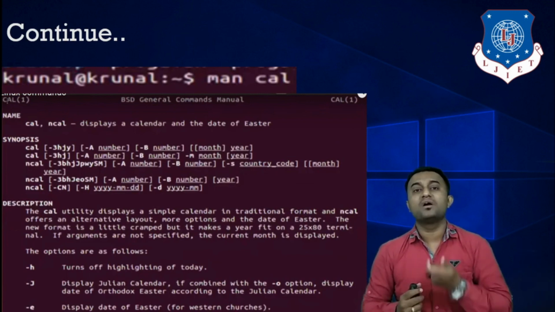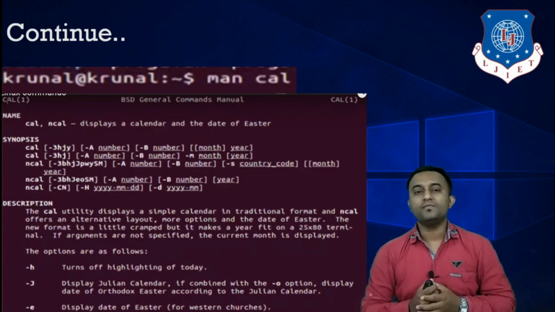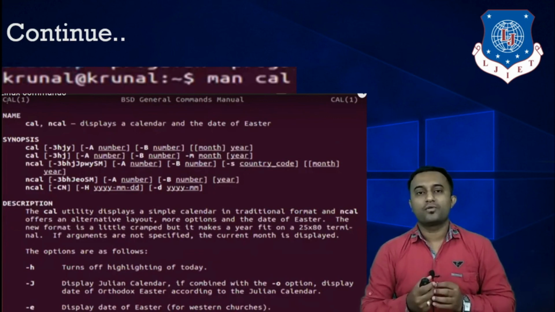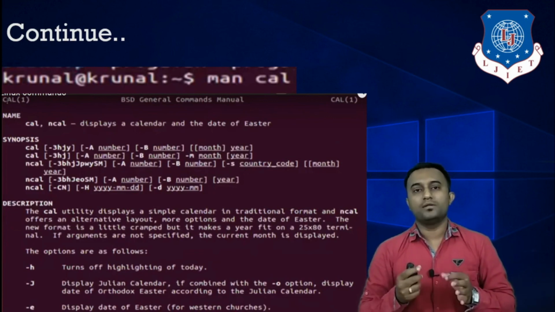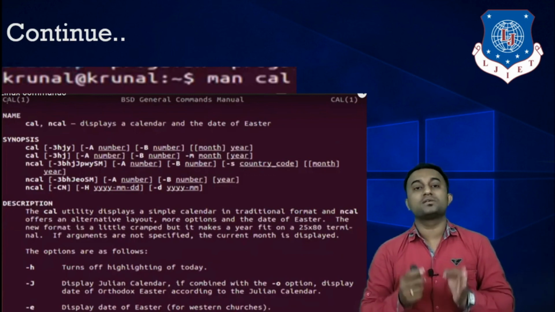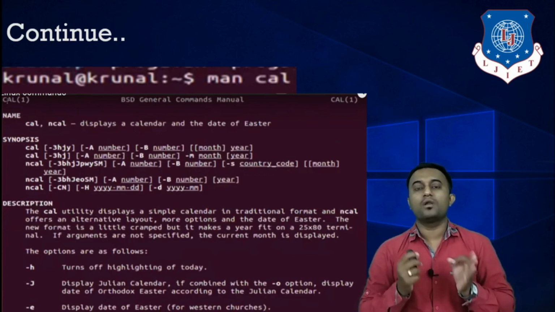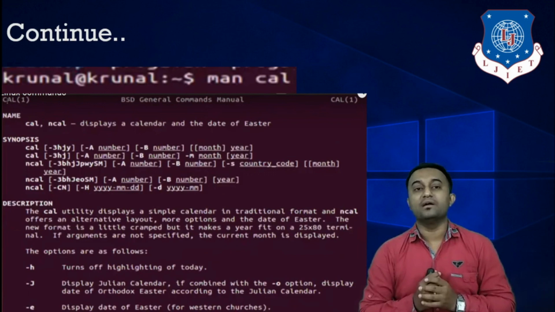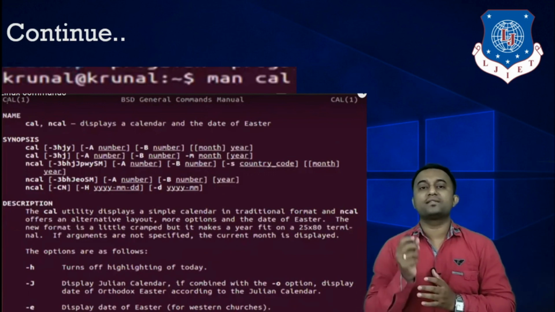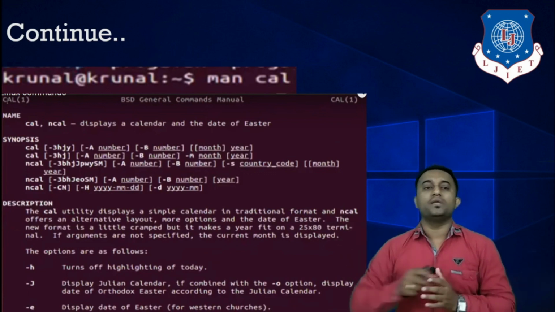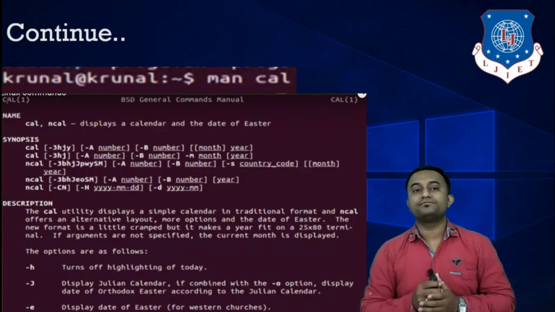Cal is nothing but calendar. Cal is one more command that you will see in an upcoming session, but in this case we are going to discuss the manual of calendar. Once you fire this command, it shows the syntax and description of the calendar command.